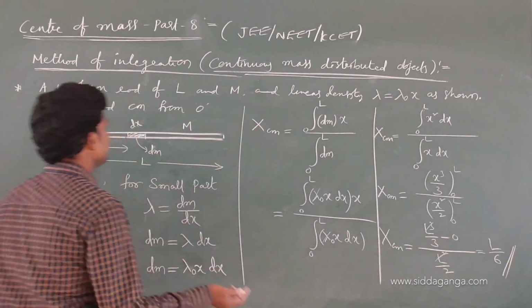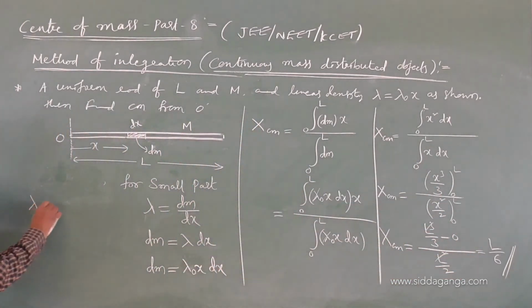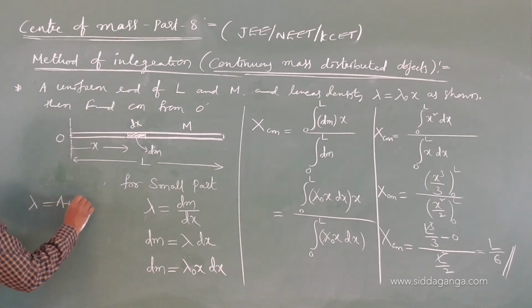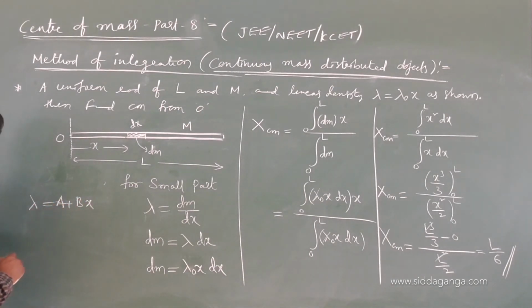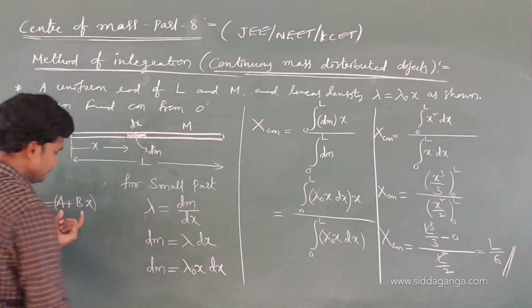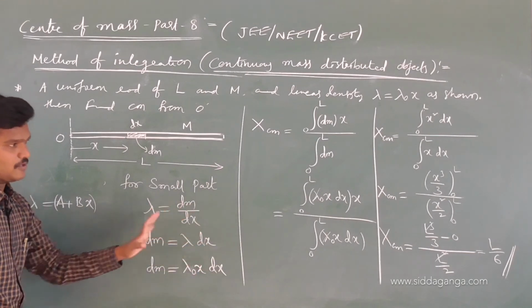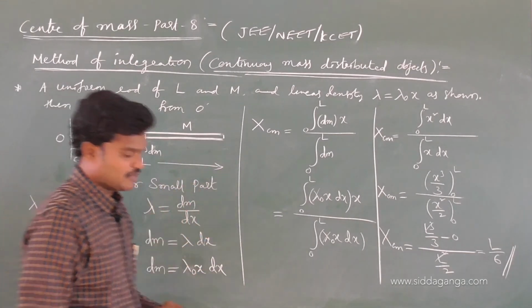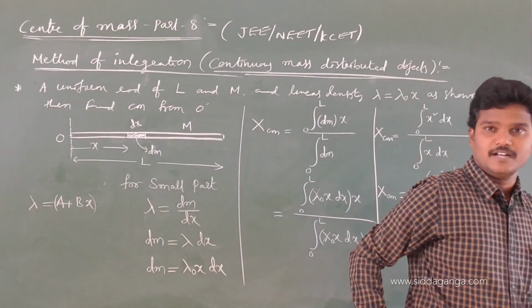Sometimes they may give lambda equals a plus bx, where a and b are constants. Wherever lambda is there, you write a plus bx, and follow the same process. Now finally, what is our answer? For this question I got L by 6.